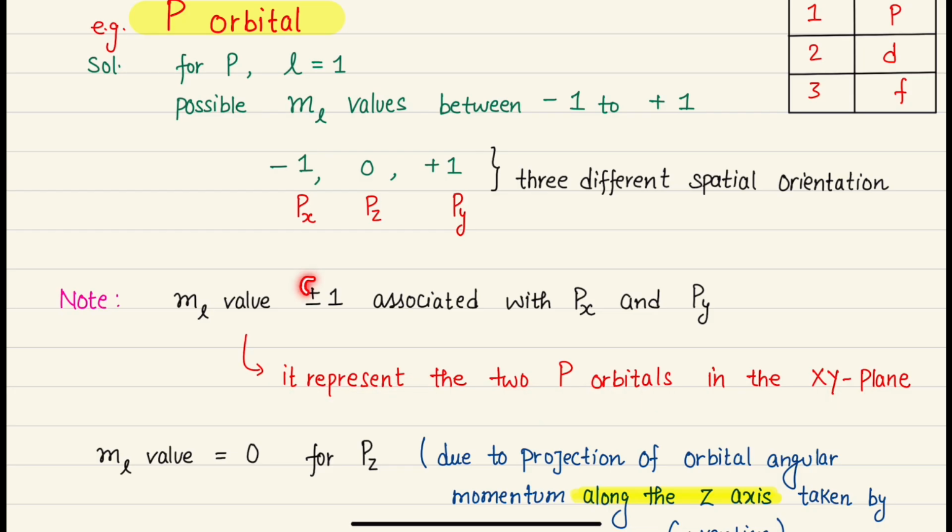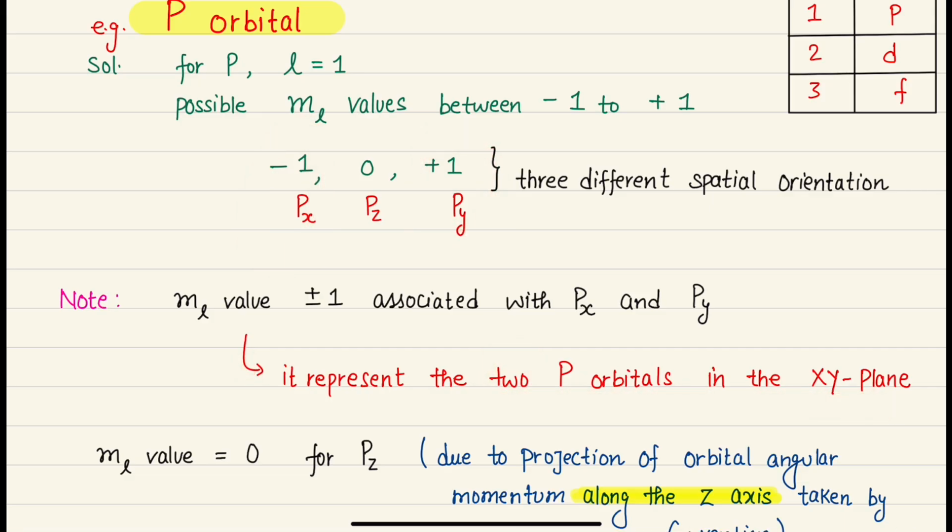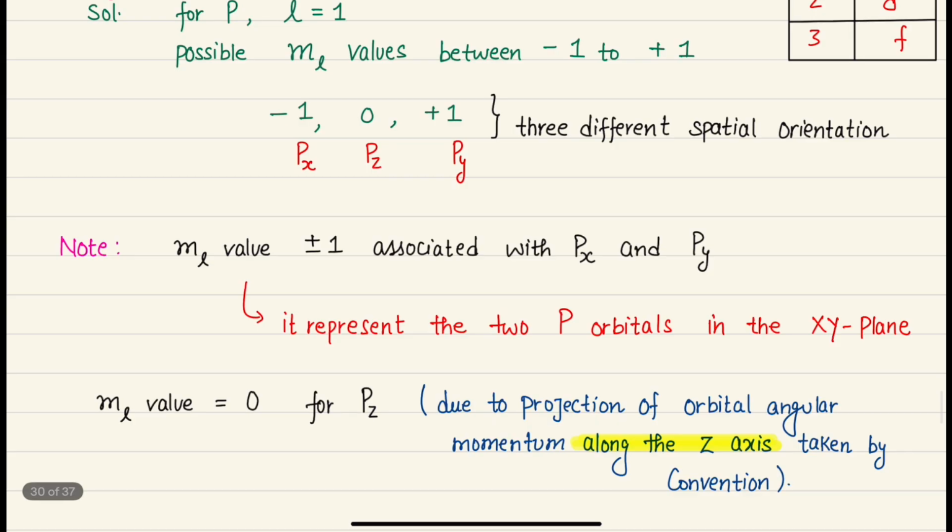Because plus 1 and minus 1 are px and py, these two values represent the 2p orbitals in the xy plane. Clear or not? But the ml value 0 is for pz as per convention.